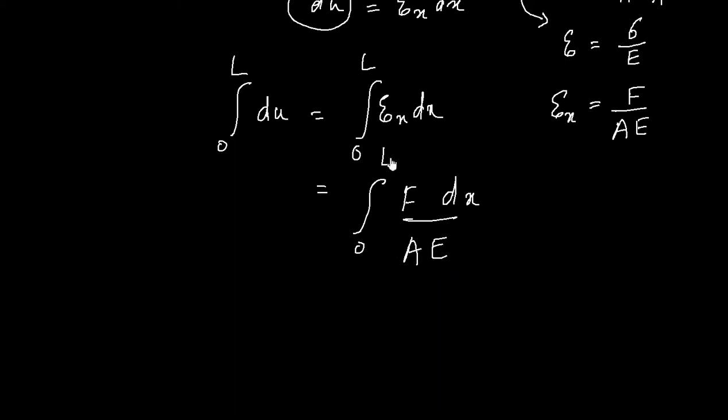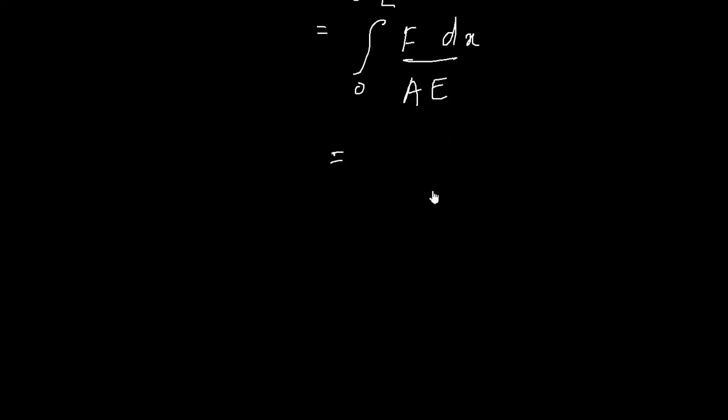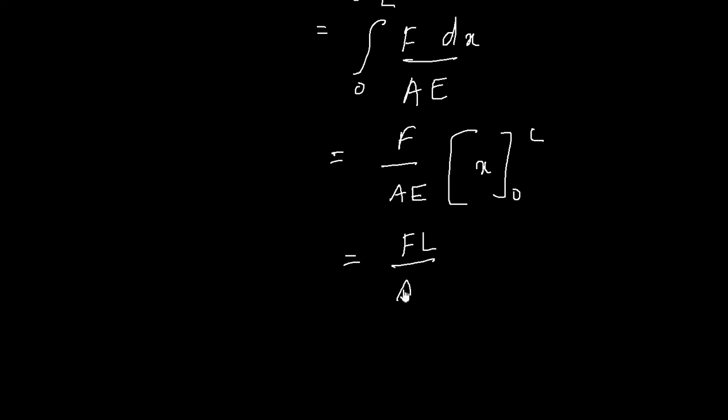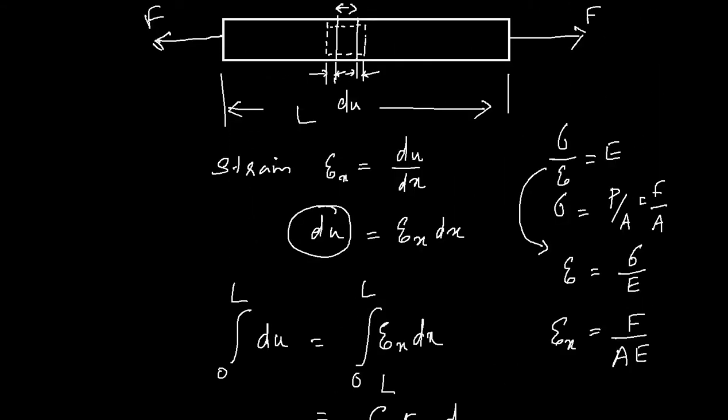So integral 0 to L dx will give you F by AE times x from 0 to L, that is FL over AE. So that's your equation for deformation of axially loaded bars.